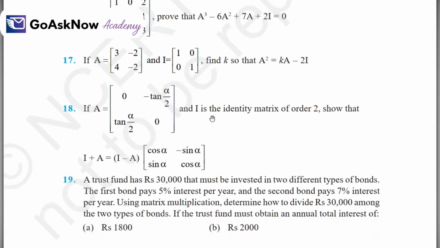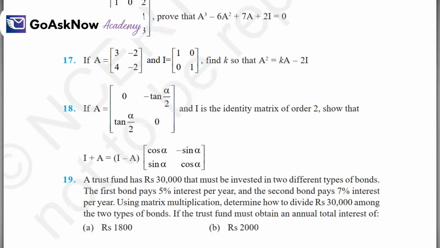The 18th question is, if A is equal to 0, minus tan alpha by 2, tan alpha by 2, 0, and I is the identity matrix of order 2, show that I plus A is equal to I minus A into cos alpha, minus sin alpha, sin alpha and cos alpha. So you just have to substitute the values here.